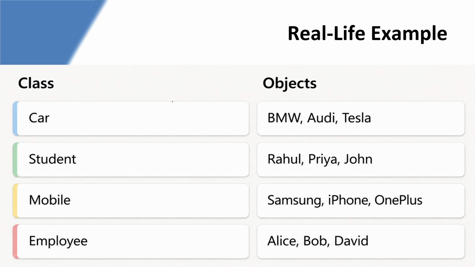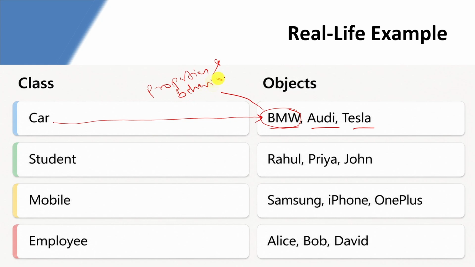So here car is a class, and the final products of a car are BMW, Audi, Tesla. BMW will have the properties and behavior which is defined in the class.